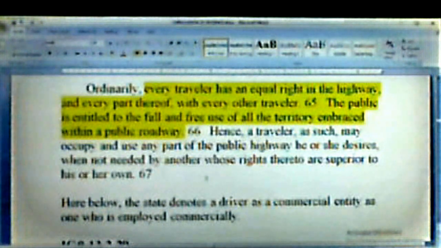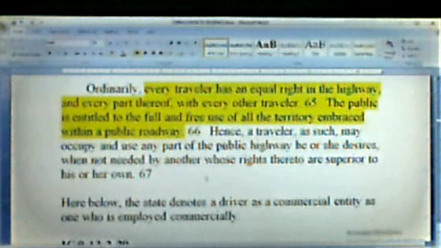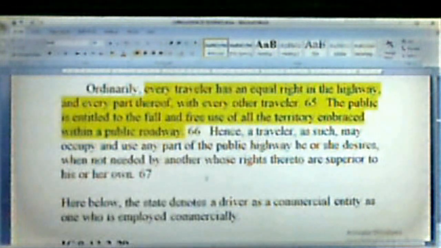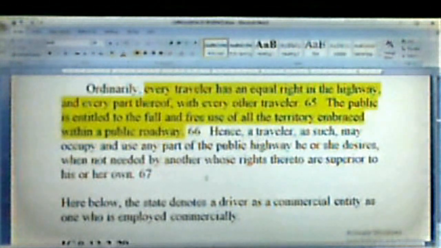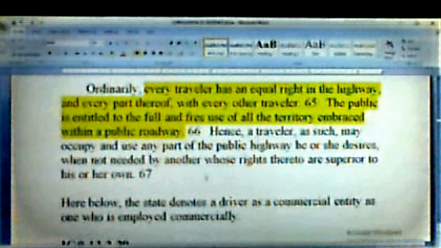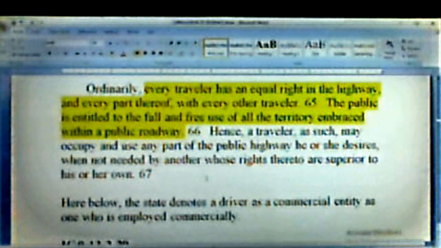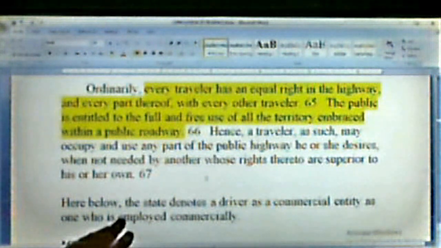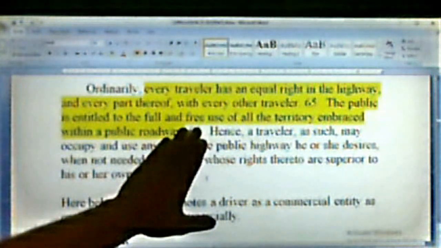All right, now stop and think about this. You're entitled to the full and free use. If you have to pay an excise tax, put a plate on your vehicle, insure it, go pay for a driver's license, is that full and free use?